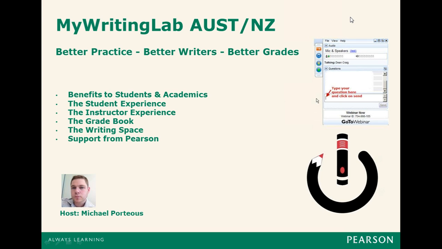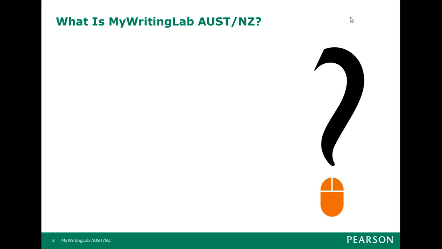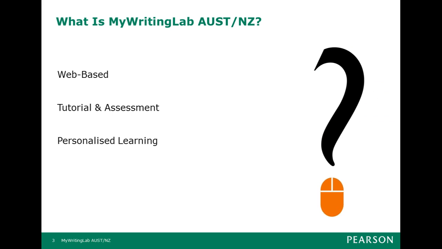Today we're going to look at our Australian and New Zealand version of MyWritingLab, which is a major upgrade from our previous local version. So what is MyWritingLab? We class MyWritingLab as a web-based tutorial and assessment system that offers personalised learning to students and is designed for ongoing student success.